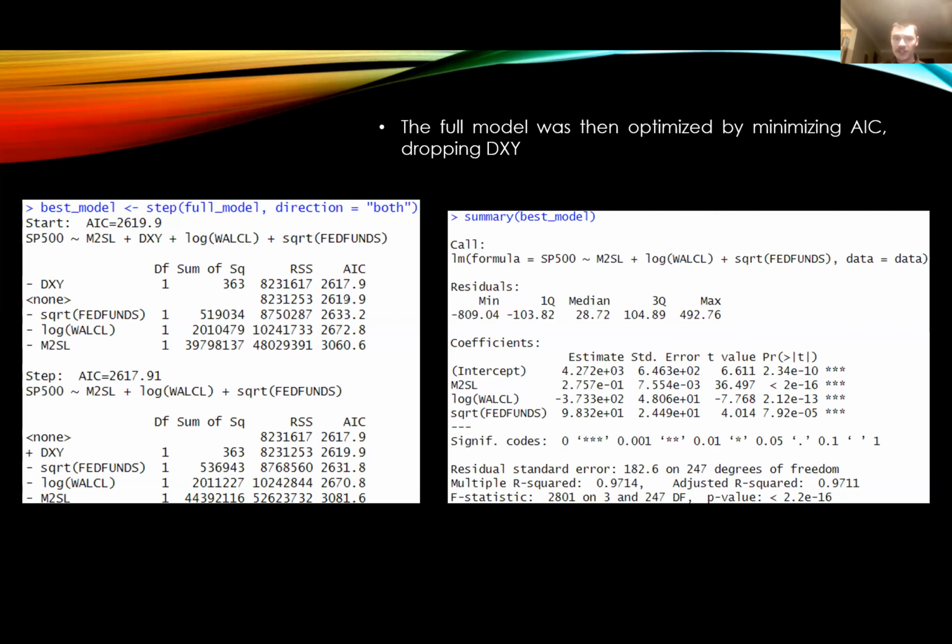As you can see, it dropped the AIC by about 2 points, and the final model that was called the best model has these intercepts and coefficients. And the adjusted R squared for this is 0.97, which means that over 97% of variation in the S&P 500 can be explained just from these three variables: the M2 money supply, the log of the Federal Reserve assets, and the square root of the federal funds rate.